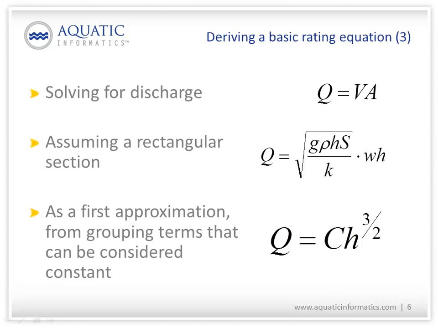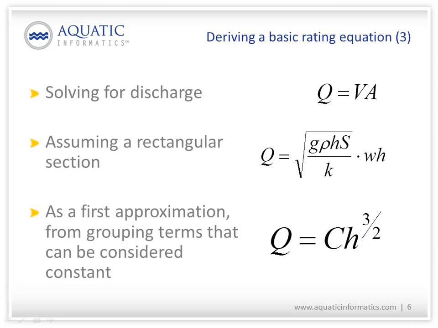Discharge equals velocity times area. From our previous slide, we've determined that velocity is equal to the square root of gravitational acceleration times water density times depth times slope divided by an index of friction. We know that area equals width times depth, and so from this equation we can simplify it further by lumping together things that are constant.